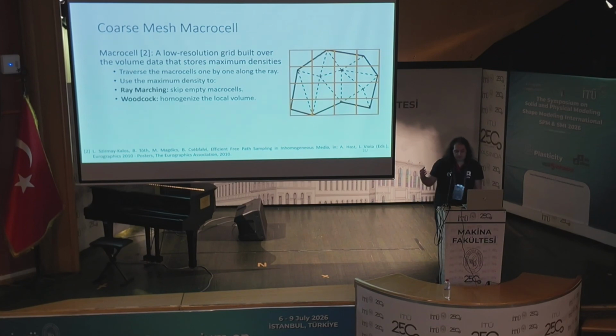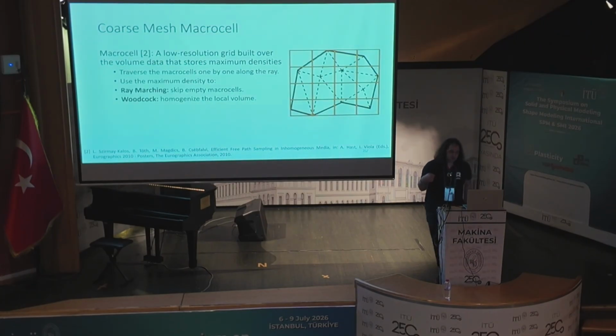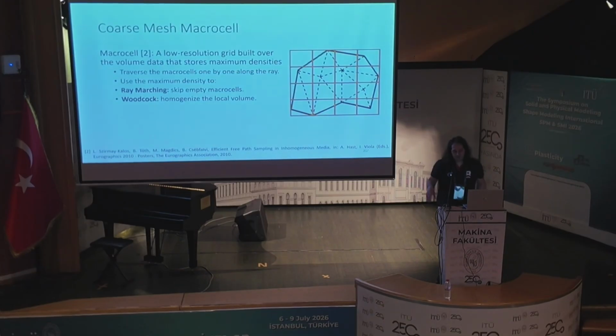So what we do is traverse the macro cells and use these maximum densities to either skip the macro cells in ray marching, or for Woodcock, homogenize the local volume so that it's tighter to the real volume.